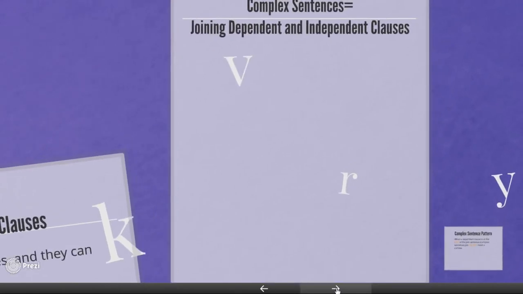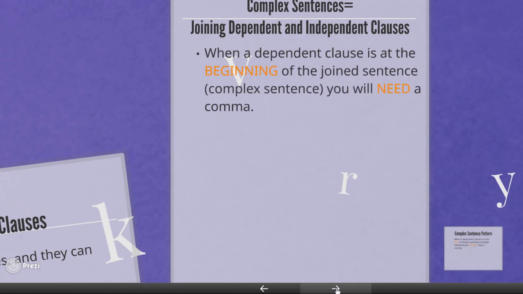So now we are going to look at complex sentences, which is joining our dependent and our independent clauses together. When a dependent clause is located at the beginning of the joined sentence, also known as our complex sentence, you will need to use a comma.